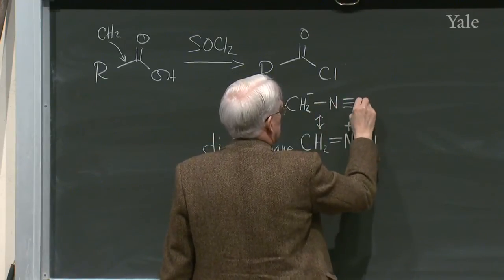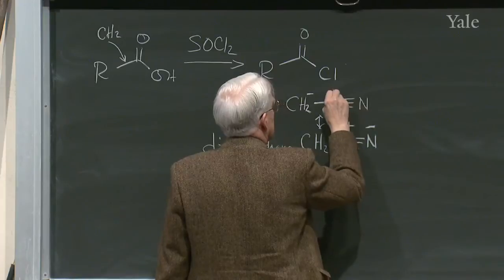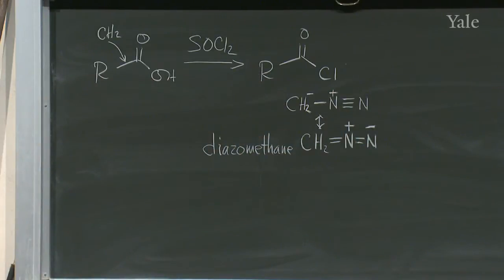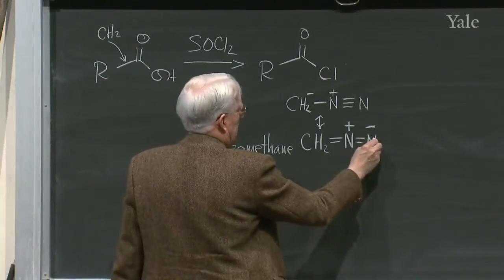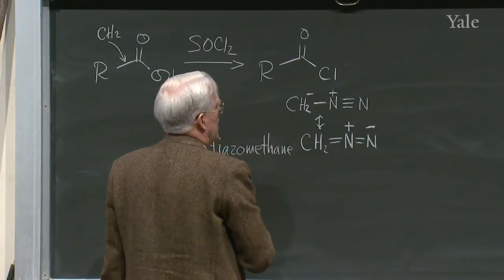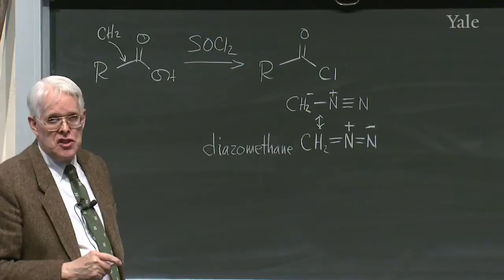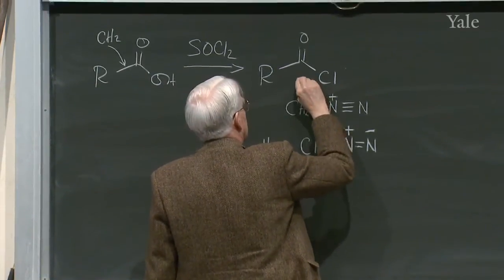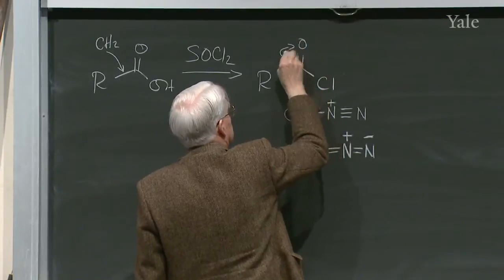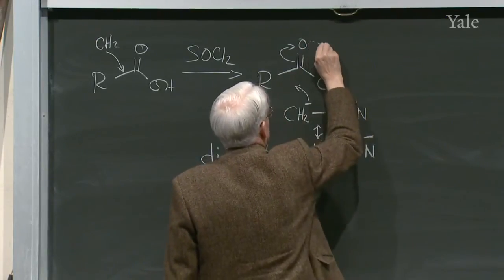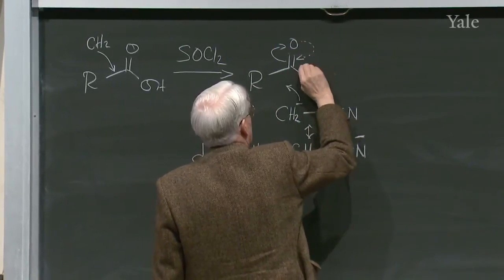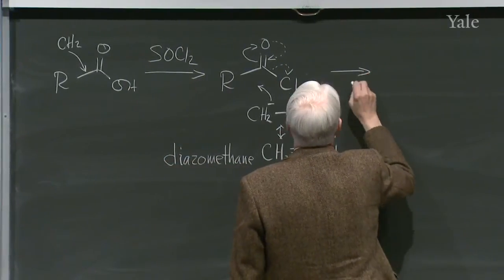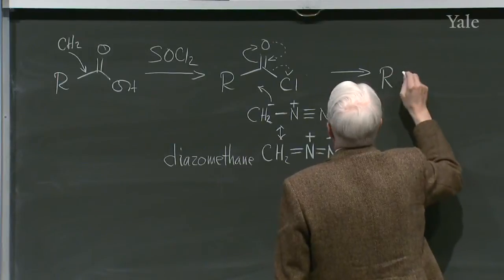The nitrogen in the middle has to be positive, but the negative charge can be written on either end of the molecule. It's probably better to put it on nitrogen than to put it on carbon, but the reactivity is of the carbon. So these are the electrons that come up, and then loss again, so substitution at the acyl carbon as we've been speaking about.